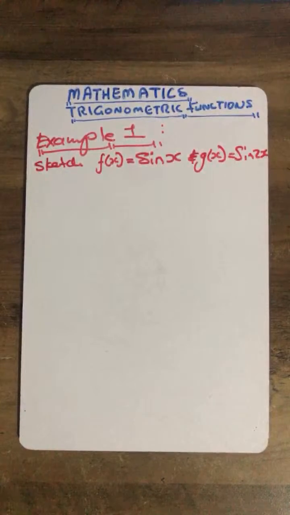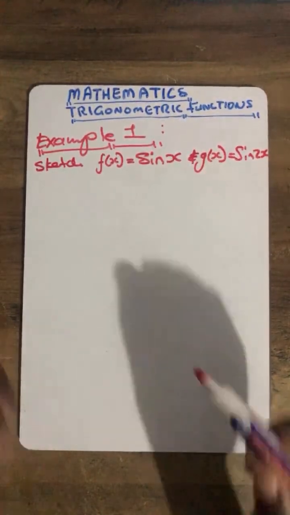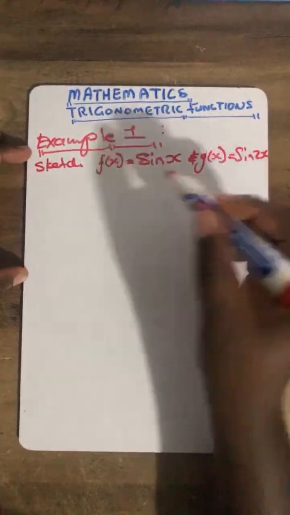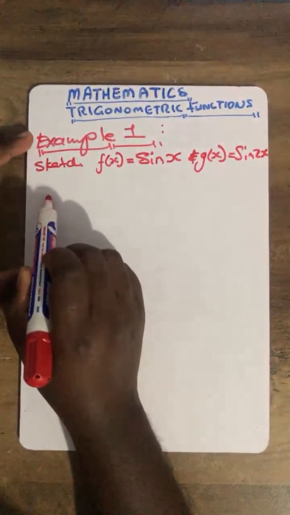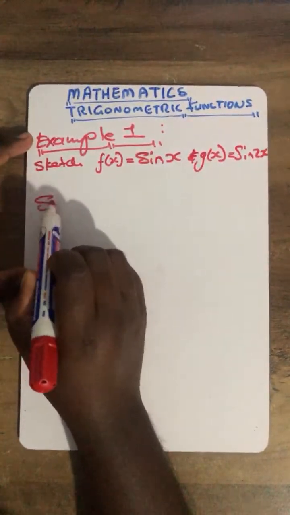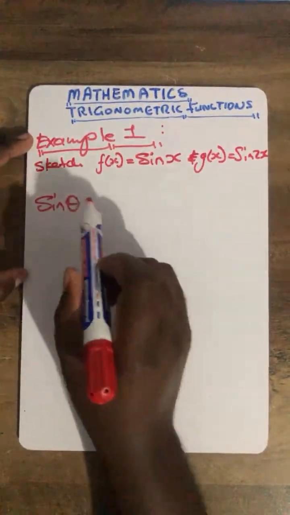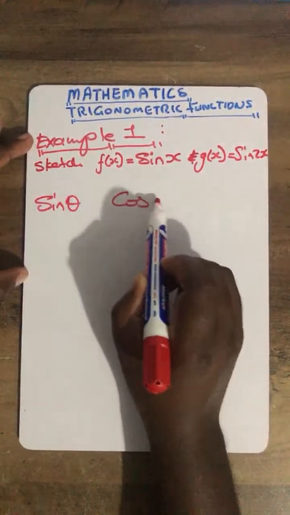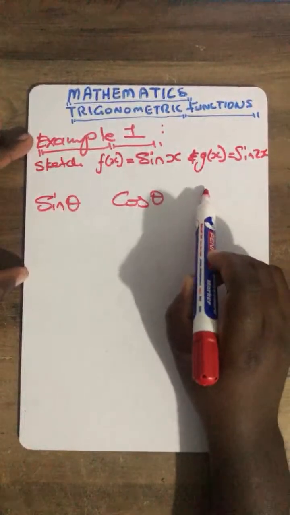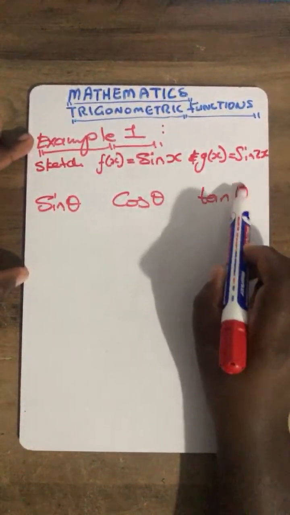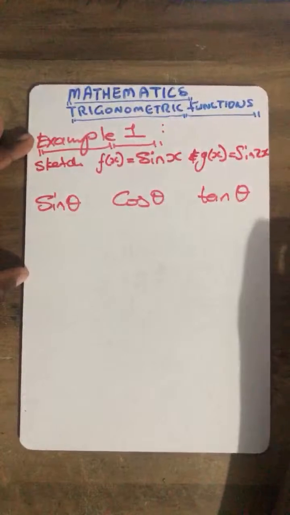Maybe before I go deeper, let me give you a very quick summary of what we did the previous time on Zoom. We said when it comes to trigonometric functions, you might need to sketch a function of sine of an angle, cos of an angle, or tan of an angle.